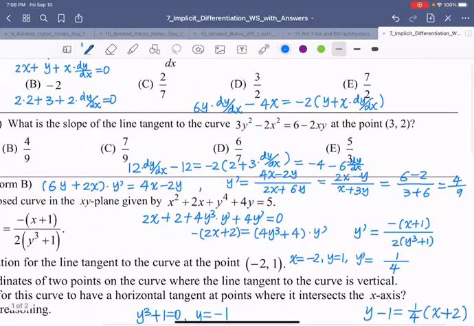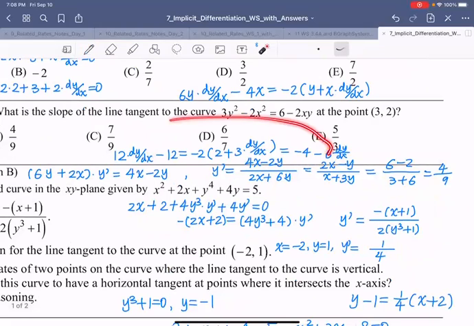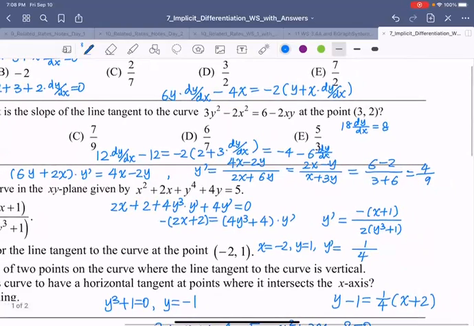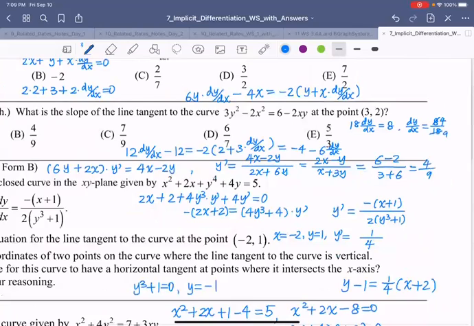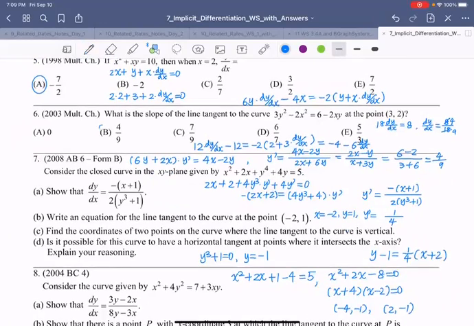So we move this guy over to the left, and it becomes 18 times dy over dx equals 8. So dy over dx equals 4 over 9. There you go. Does this make sense?